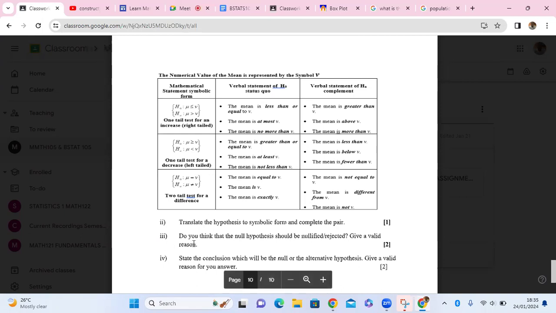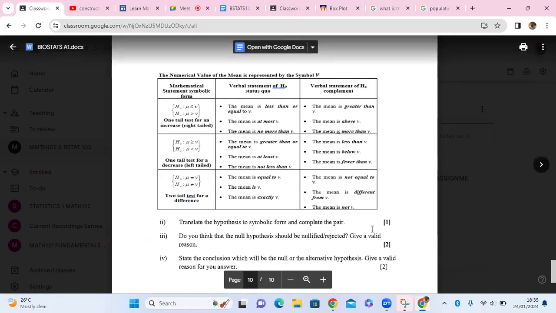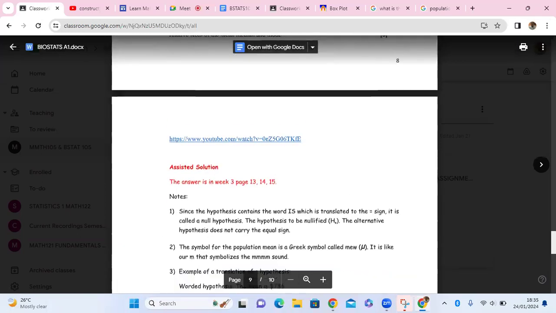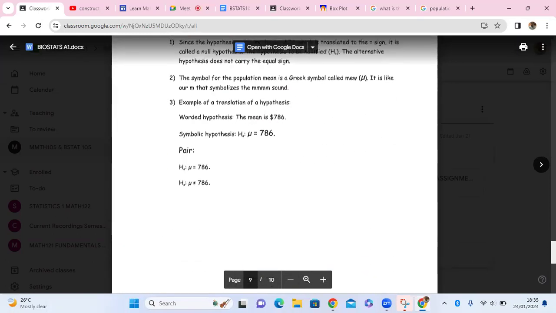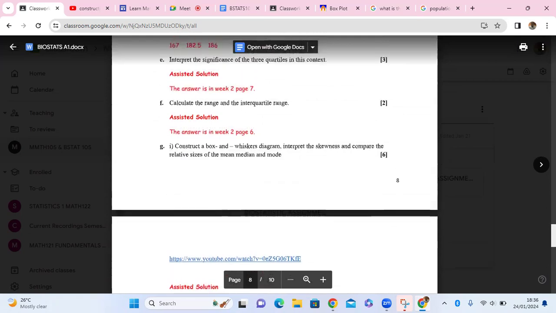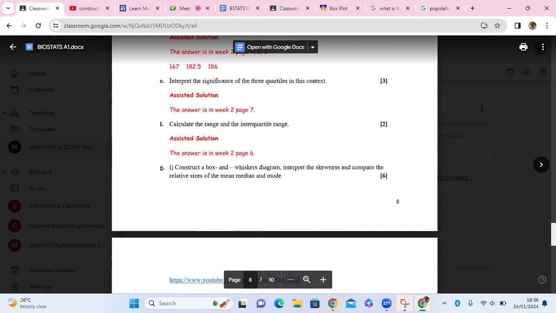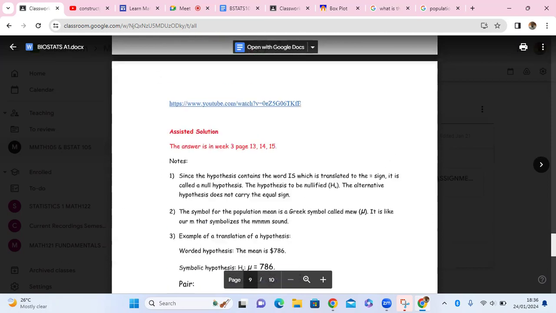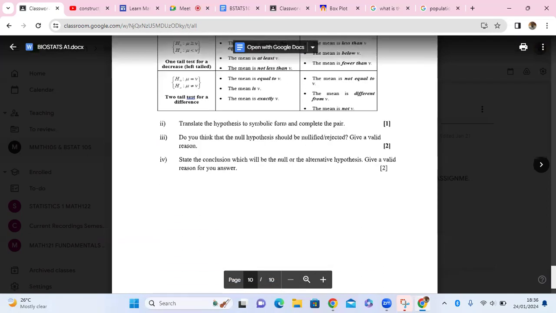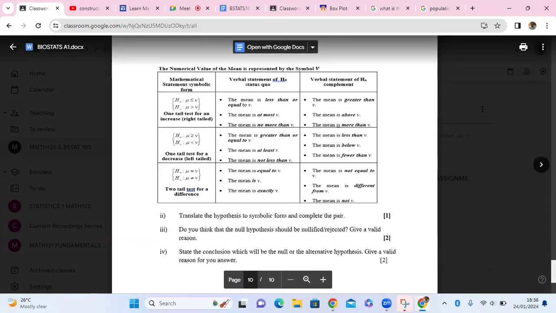Part 3: do you think that the null hypothesis should be nullified or rejected? When you have calculated the mean, or you can use the median as the average, or you can easily calculate the mean like how I did it a while ago, compare it to 200 to see if it is different or not.